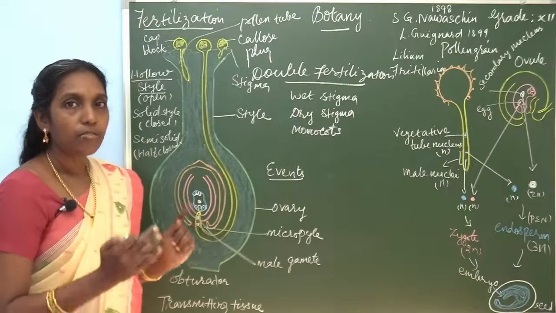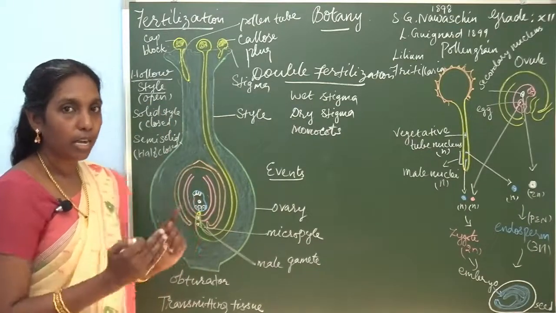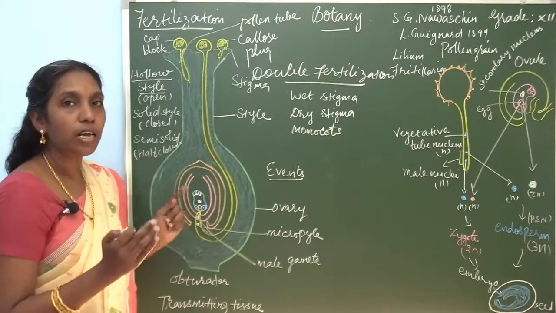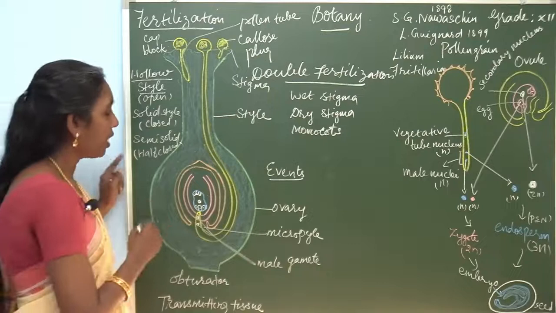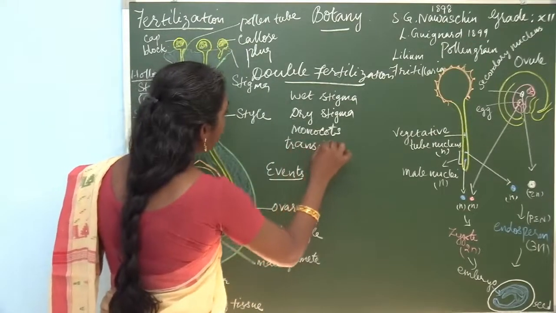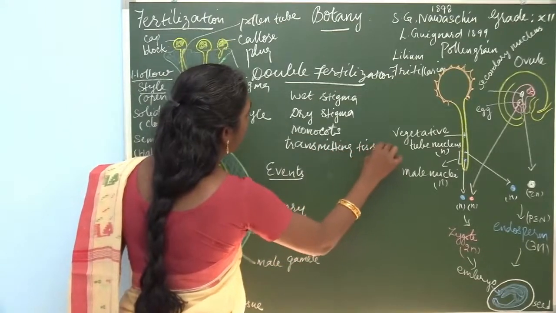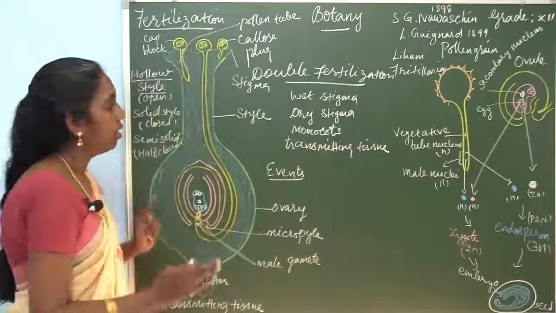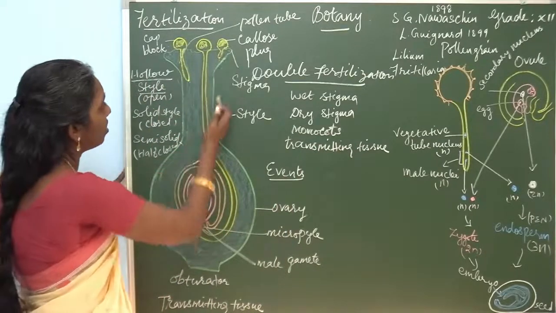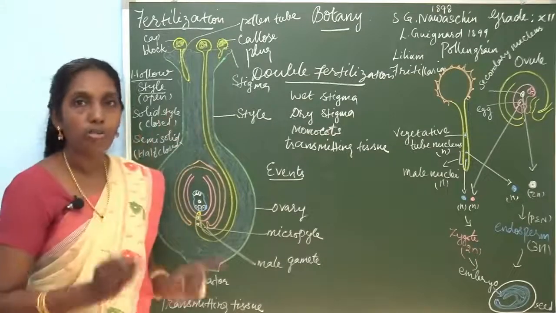The hollow canal is lined with a single layer of glandular tissue named the transmitting tissue. Transmitting tissue is present in the hollow canal in the style region. This type of style is called the open style, or the hollow style.